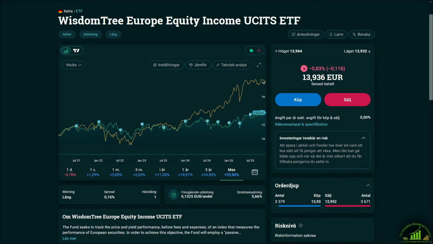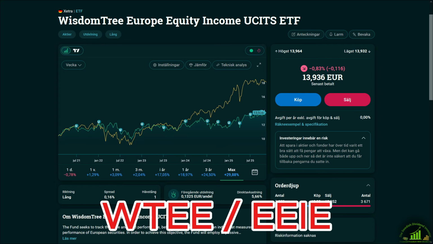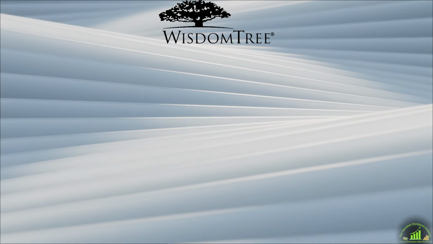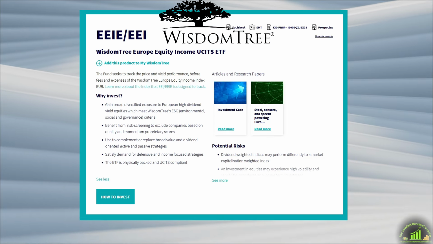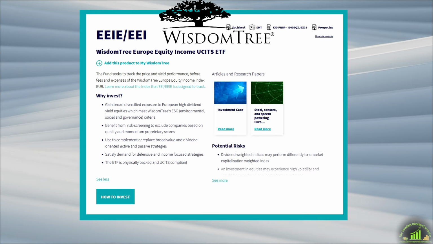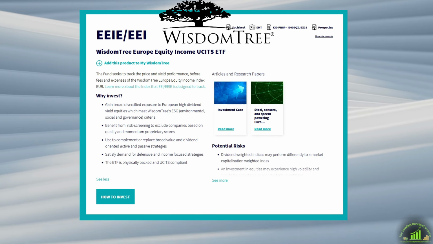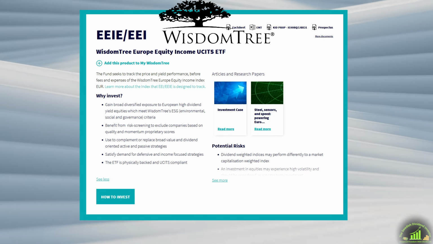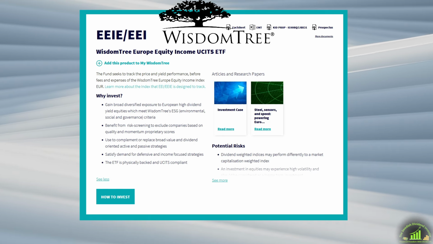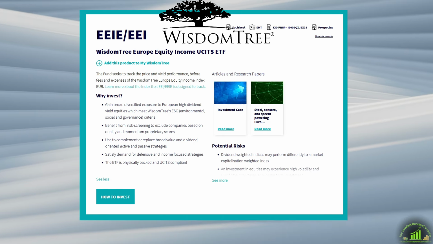Second to last, WisdomTree Europe Equity Income ETF, ticker WTEE or EEIE. WTEE is an ETF domiciled in Ireland offered by WisdomTree that aims to provide exposure to European companies with relatively high dividend yields and quality/momentum screening.